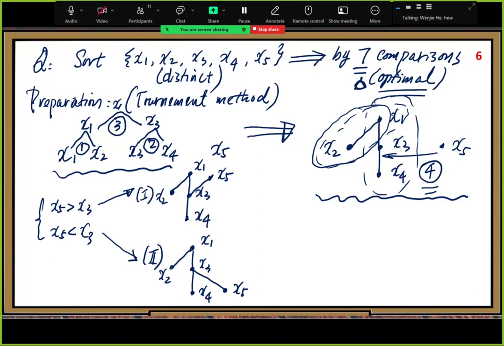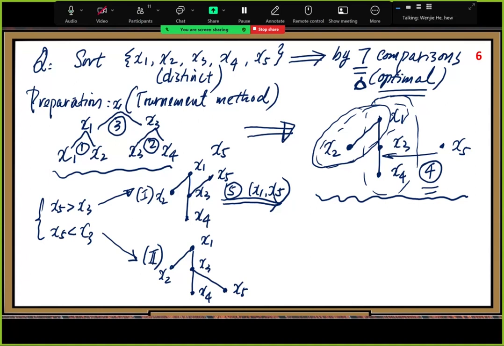No matter whether it's greater than X1 or less than X1, you extend your longest ordered chain, and its length grows from 3 to 4. So that's why our comparison number 5 is X1 and X5.